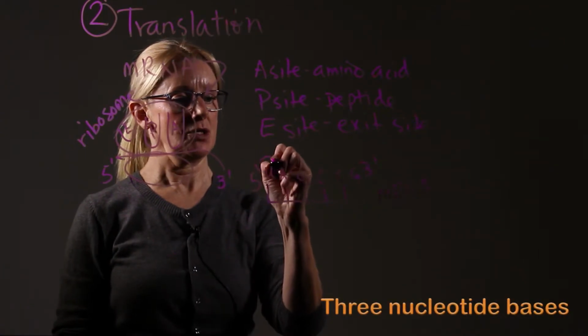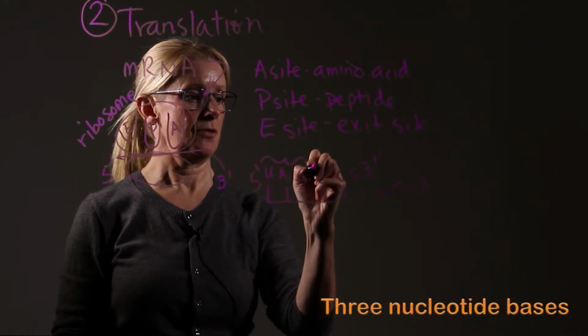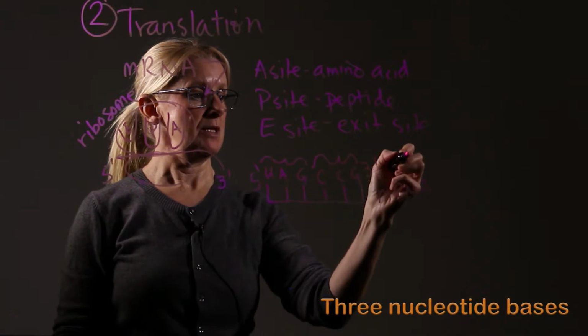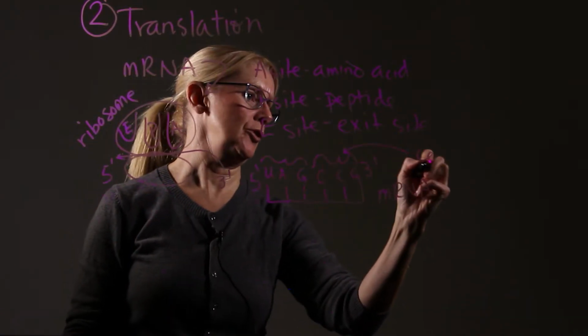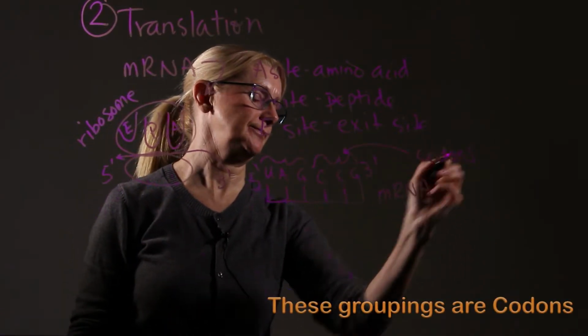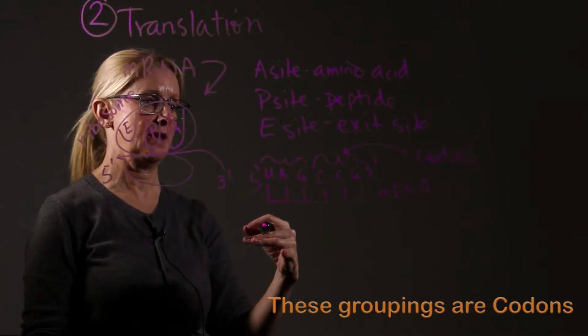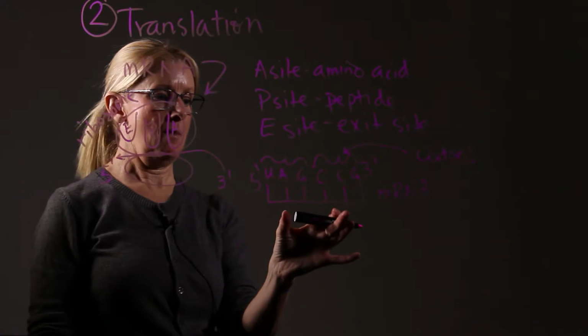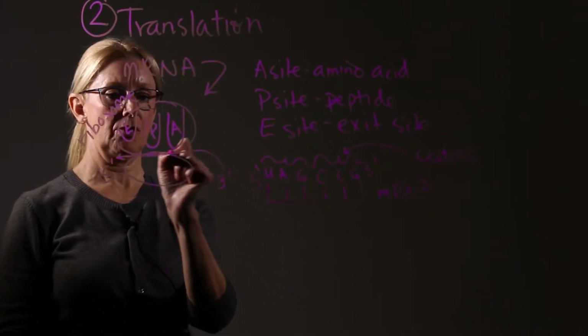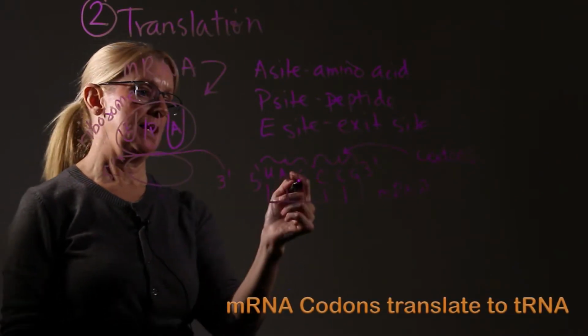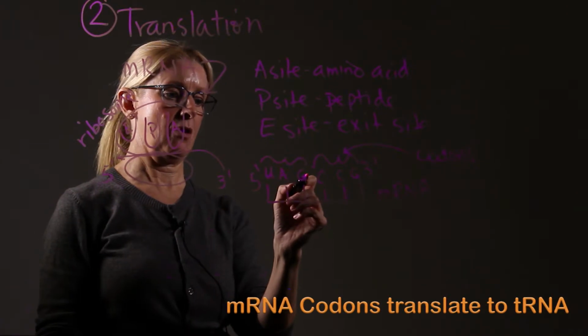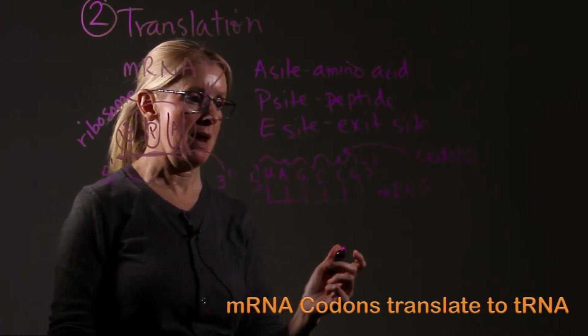At this point, though, we actually break these into groupings of 3. And these groupings are called codons. They're part of that code that is going to get us the protein that we're ultimately going to make. So as this mRNA feeds through our ribosome, it's these codons that are going to drive what protein is made.